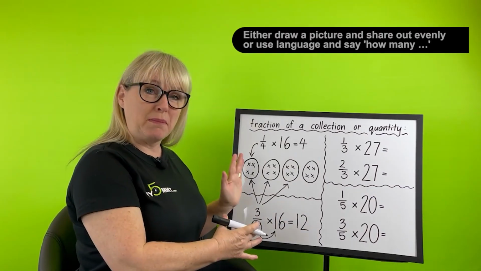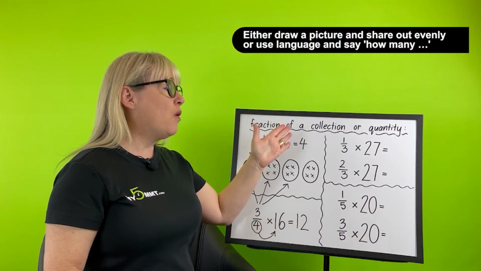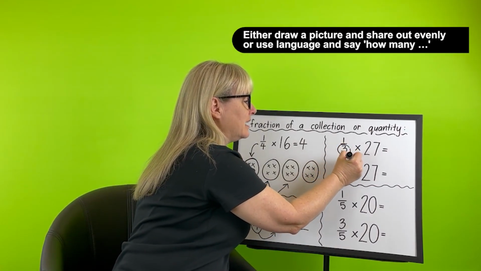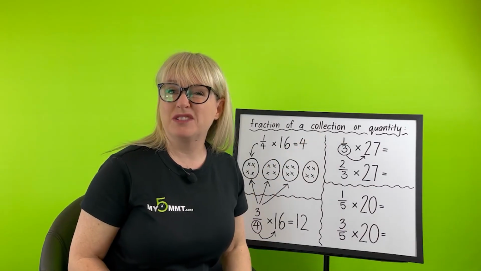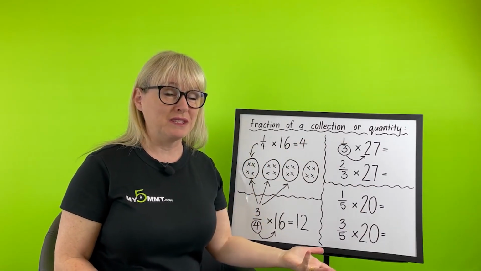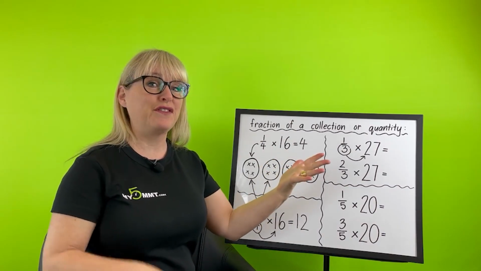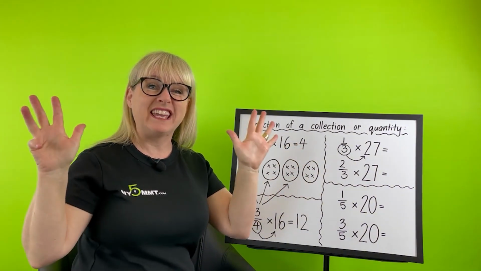So I can draw a picture to help me understand and share out evenly, or I can say how many 3s do I count to get to 27, because that'd be like dividing 27 into 3 groups. So I count 3, 6, 9, 12, 15, 18, 21, 24, 27, and I get 9.